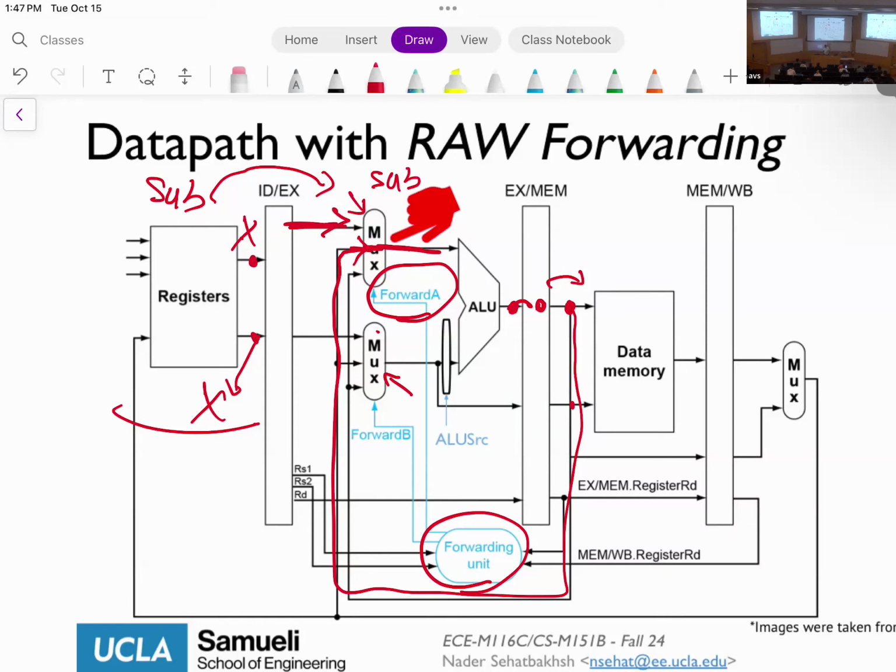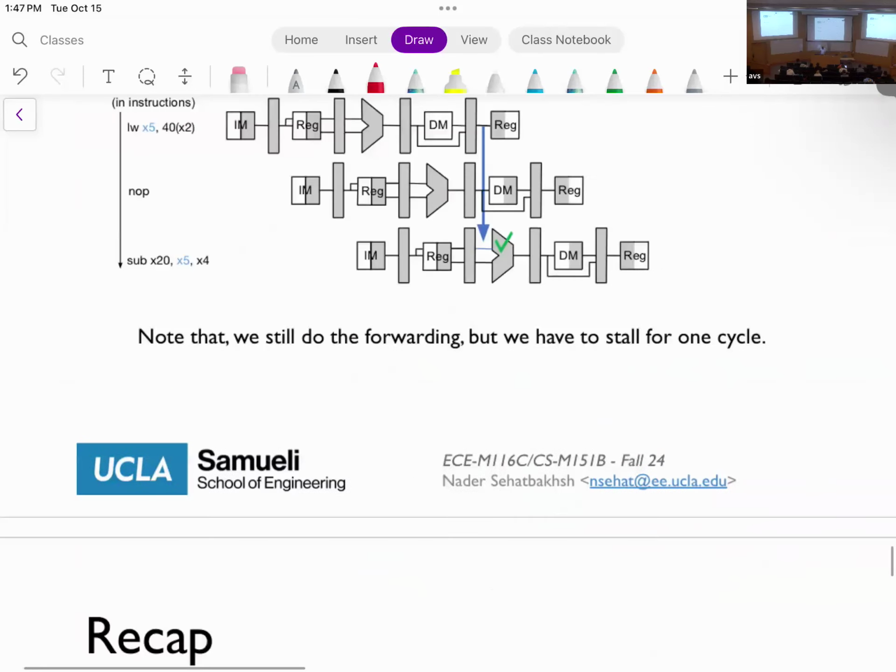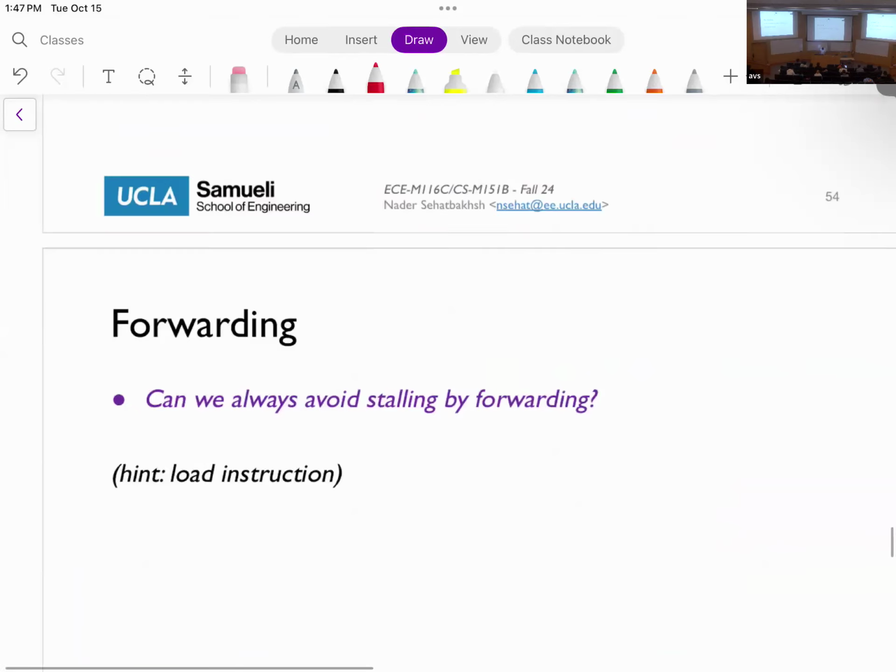If this matches, then I'm going to forward, which means that I'm going to replace the value that I read from the register file. I'm going to discard that. I'm going to replace it with the value that's calculated by the ALU, buffered into the execution-memory buffer, and then forward this back to here, okay? This is the idea of forwarding, which next time I'm going to describe in more detail, okay?